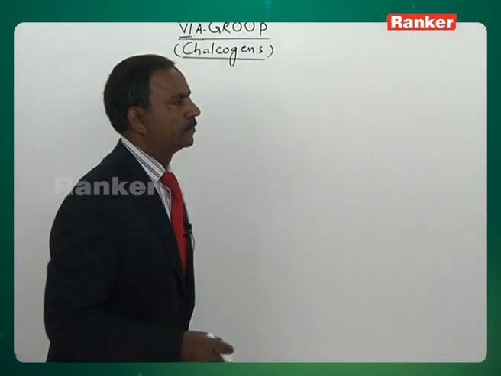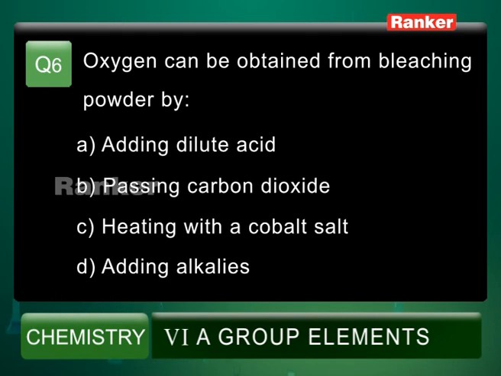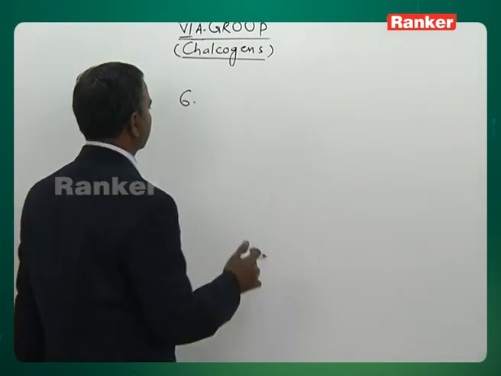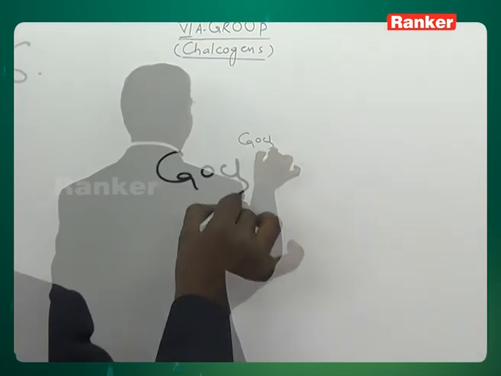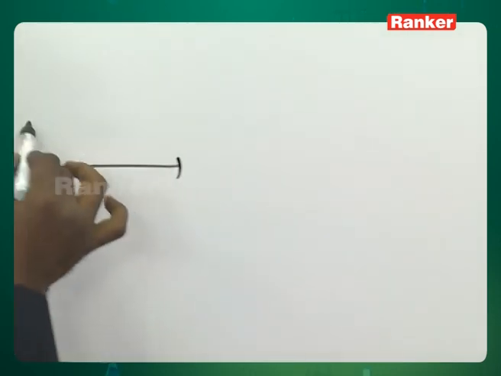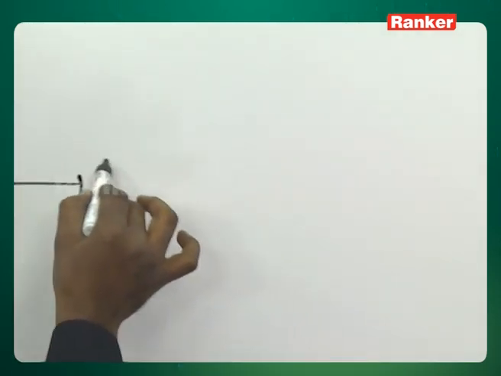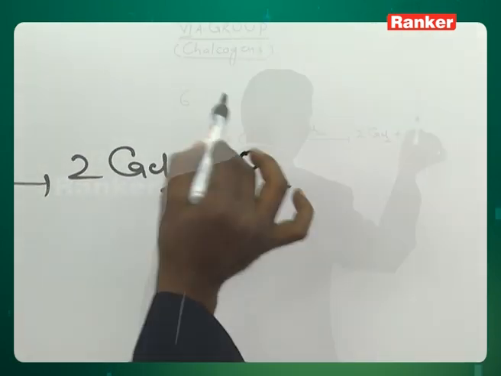Question number 6. Oxygen can be obtained from bleaching powder by adding dilute acid, passing carbon dioxide, heating with cobalt salt, adding alkalis. In this case, you see the decomposition of bleaching powder catalyzed by cobaltous chloride, CoCl2, then you are getting CaCl2 plus oxygen.